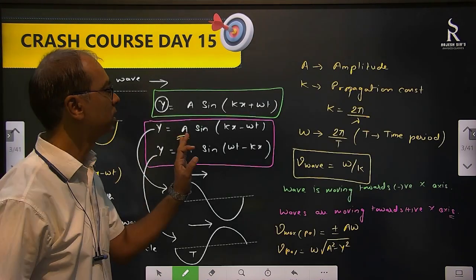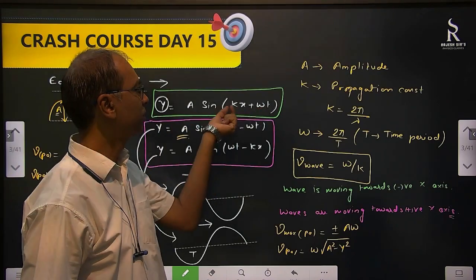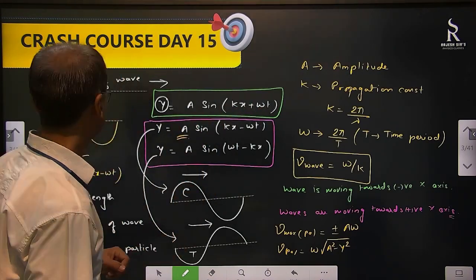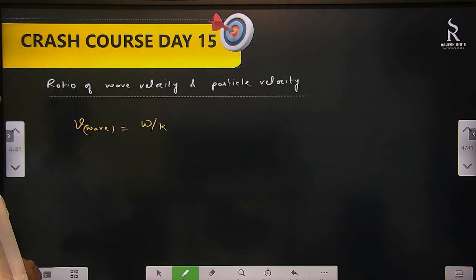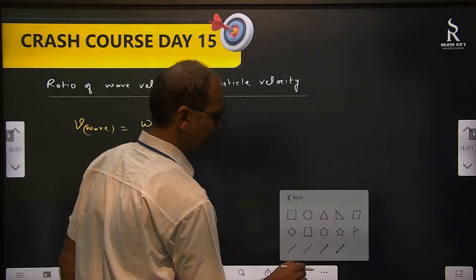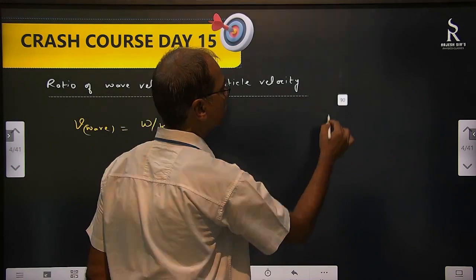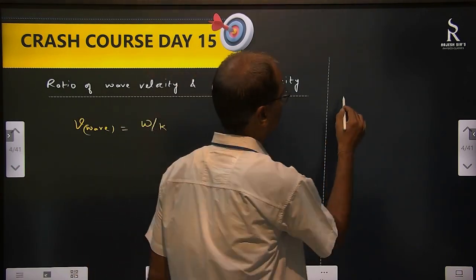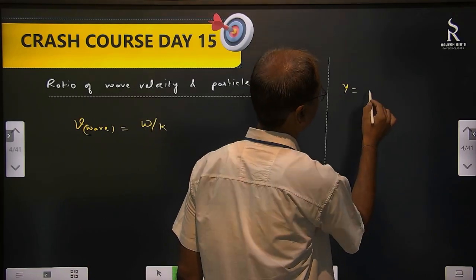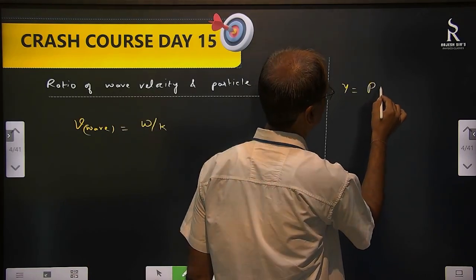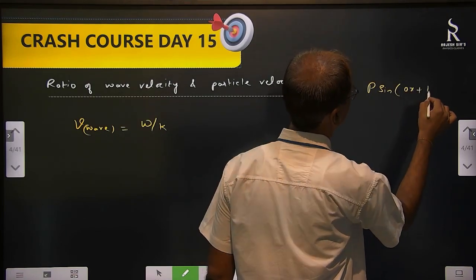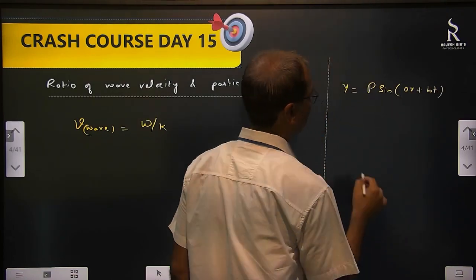And ω basically is what in this one? Remember that it's not necessary that the equation will be given in terms of k and ω. They can give you a question. Suppose the question is like this: the equation is given in the form of p sin(ax + bt), and they ask you what is the velocity of wave.